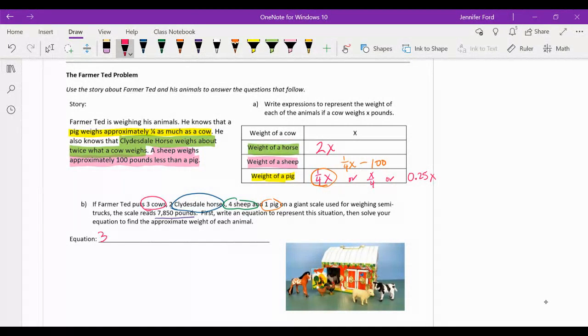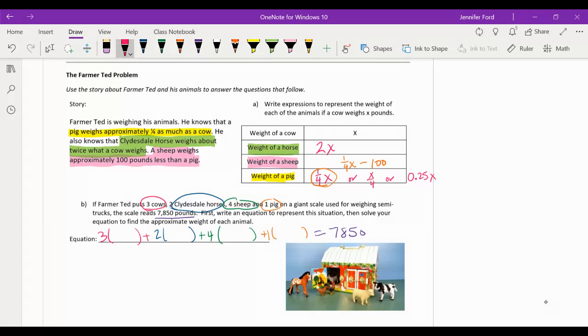So I'm going to do 3 times however much a cow weighs, plus 2 times however much a horse weighs, plus 4 times however much a sheep weighs, plus 1 pig, and all of that together is going to be 7,850.